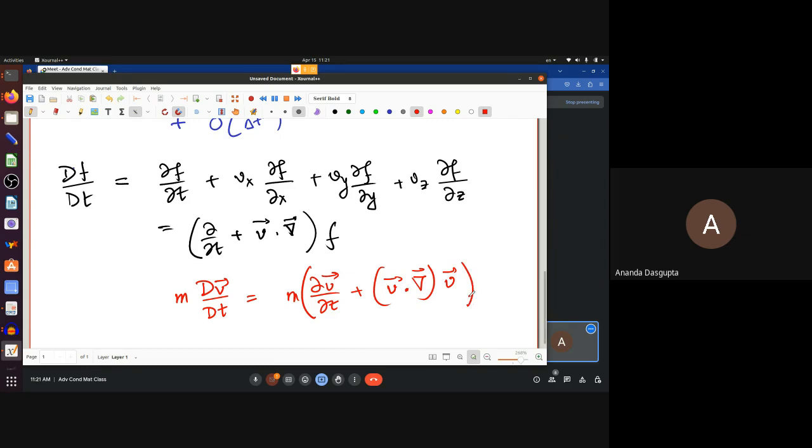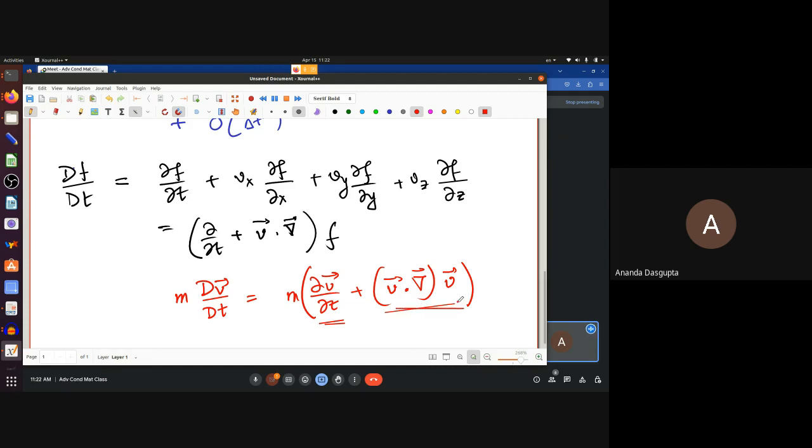And note that this makes life a lot more complicated than for point particle mechanics, because in point particle mechanics, the acceleration is linear in the velocity, right? It's just dv/dt. And if you change v to twice v, the acceleration just doubles. Here, on the other hand, this term is still linear in v, but this term is actually quadratic in v, right?